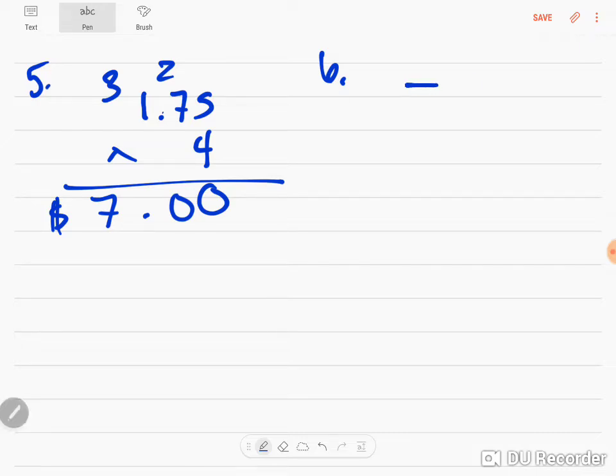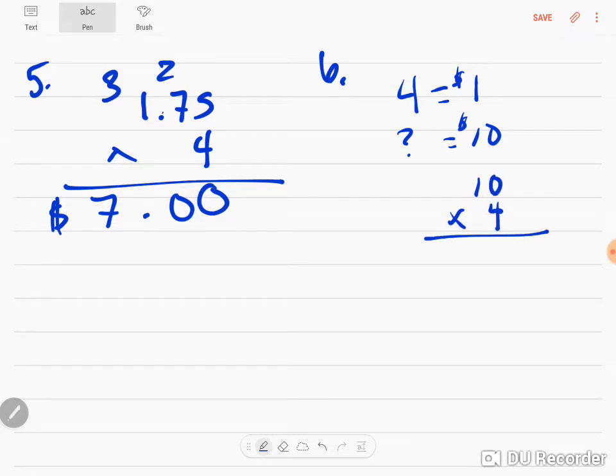If we know that 4 quarters equals $1 and we have $10, we want to know how many quarters that takes. What we can do is we can take 10 times 4. The reason why I could take 10 times 4 is that I know that it takes 4 quarters to make $1. So since I know that I have $10, I can multiply that by 4. 10 times 4 is 40. It takes 40 quarters.